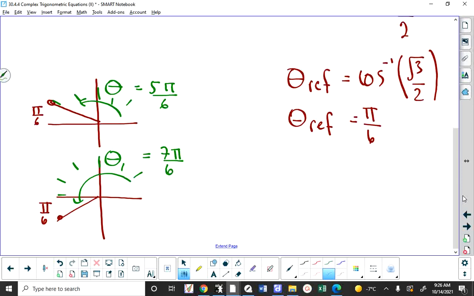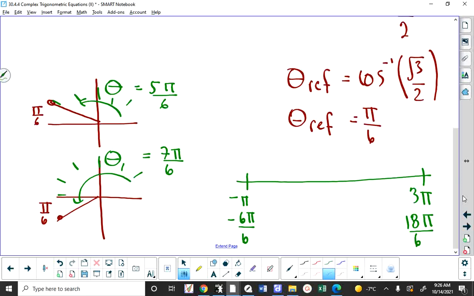So now what you're going to do is look from negative pi to 3 pi. Here's the difficulty, everybody. These are pi over 6s, and these are just pi's. Well, that's okay. Change this to pi over 6s. Then I can compare. I want to go from negative 6 pi over 6s up to, I guess this would be 18 pi over 6s if I multiply the top and the bottom of 3 pi by 6.